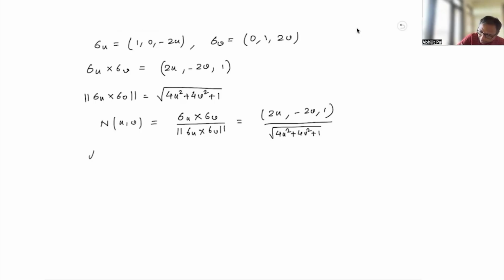So let us take a curve alpha(t) equal to sigma(u(t), v(t)).